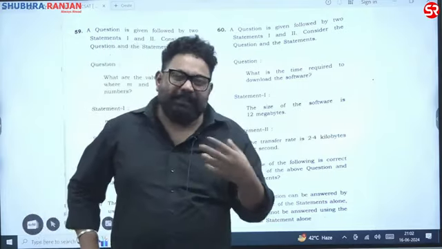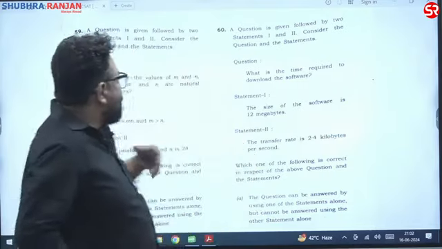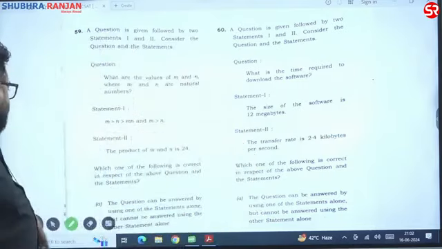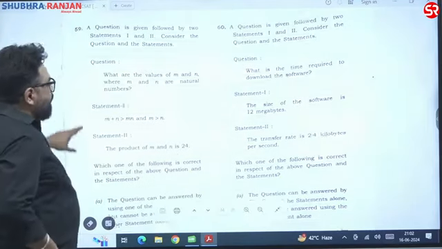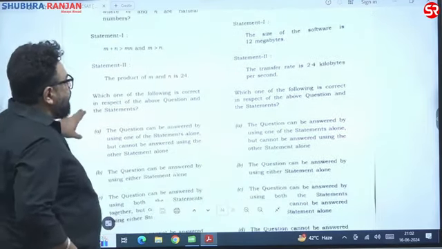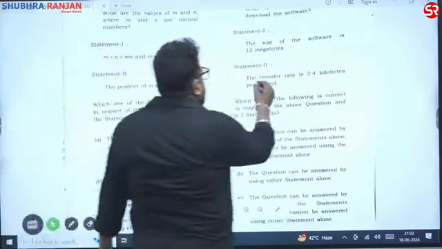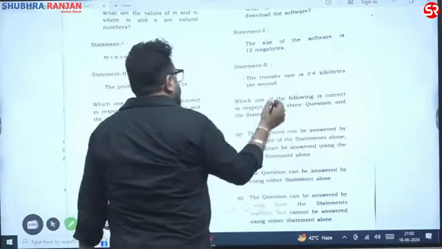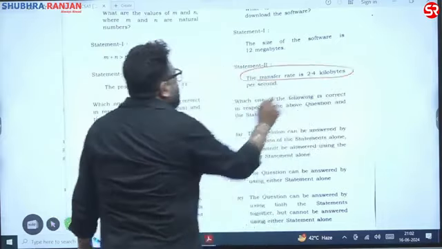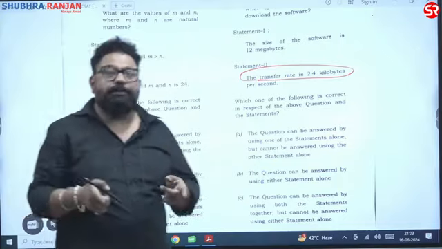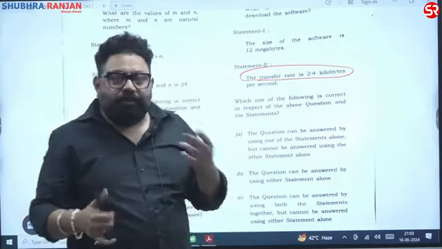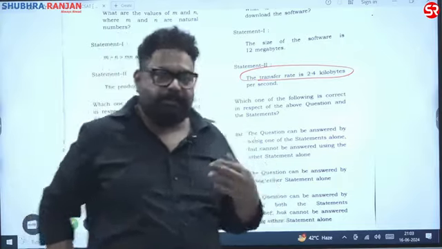This question is framed for you to assume that if we combine these two statements together, we would get the answer. But my logic is, what do you mean by transfer rate? Is it a downloading rate or an uploading rate? Not given, not specified. Downloading data or uploading data is totally different.